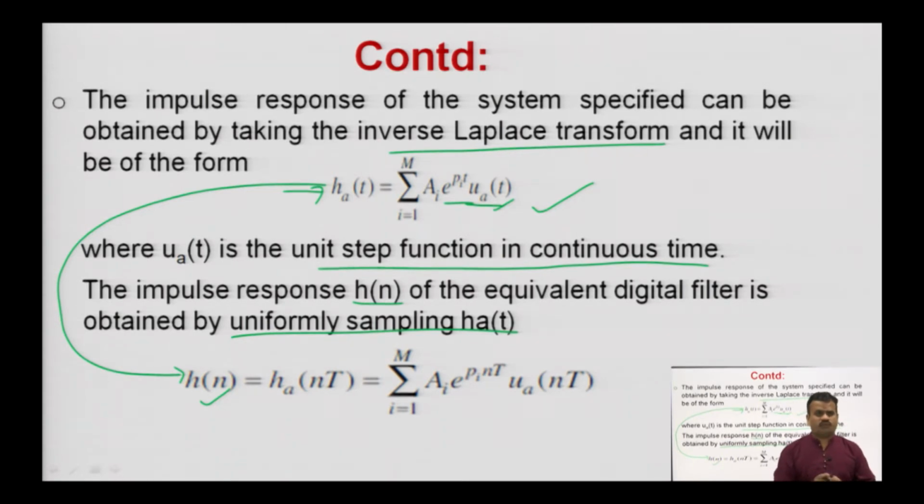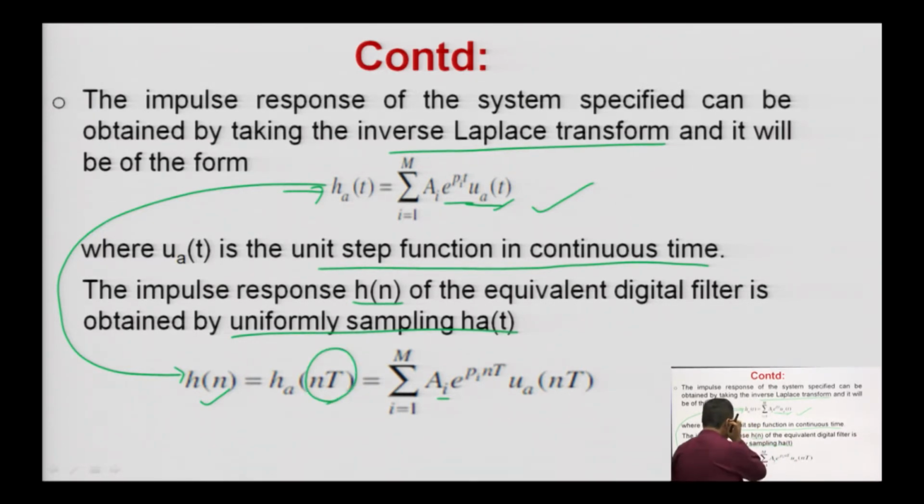So, small h(n) is equal to h_a(nT), meaning you are doing the uniform sampling of h_a(t), and that is equal to the summation from i = 1 to m of A_i, similarly e to the power p_i t. Now, you are doing the uniform sampling at that instant. So, you have to put t equal to small n into capital T, and u_a(t) equal to u_a(nT). So, this is your h(n).